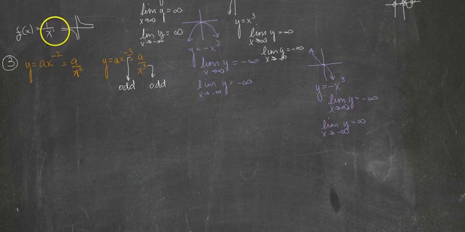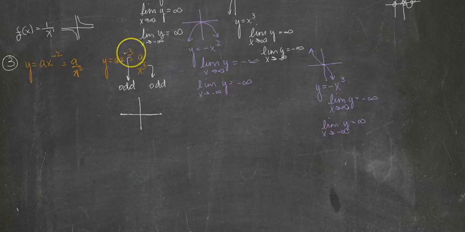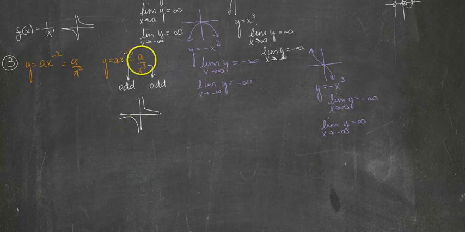But the power on the x in our parent is an odd 1, the number 1. So the graph of y equals a to the minus 3 is really going to behave very much like y equals a to the minus 1, or more specifically, a over x cubed is going to behave very much like a over x to the first power.